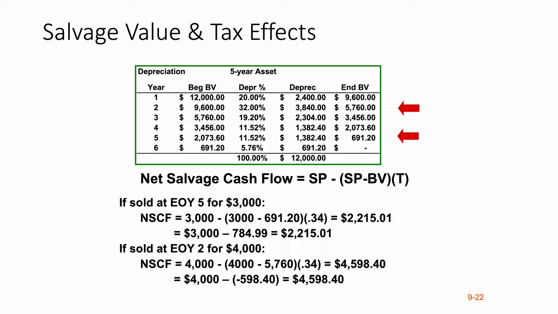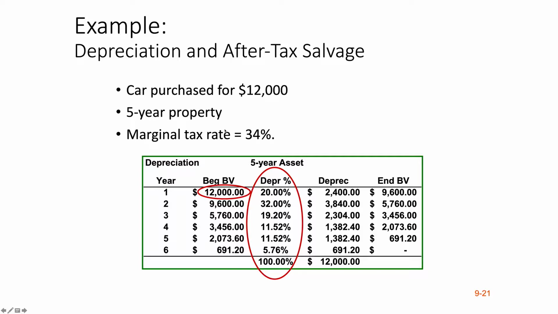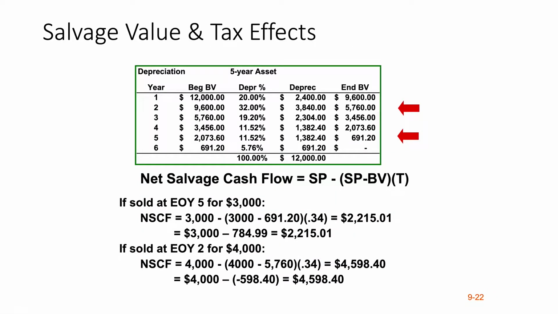Now say we sell it not at the end of year 5, but let's say at the end of year 2, and there's a little bit newer car, and you sold it for $4,000.